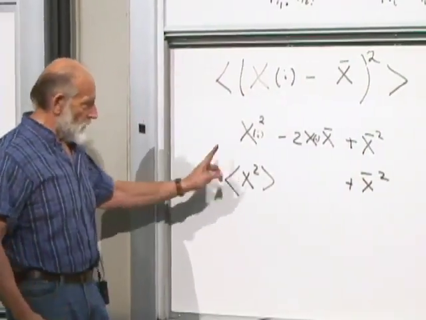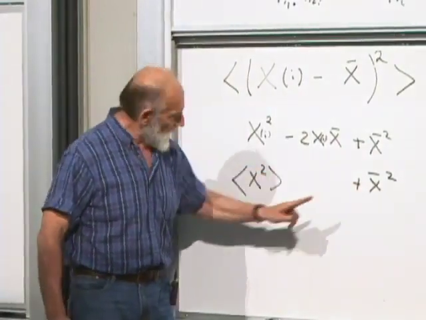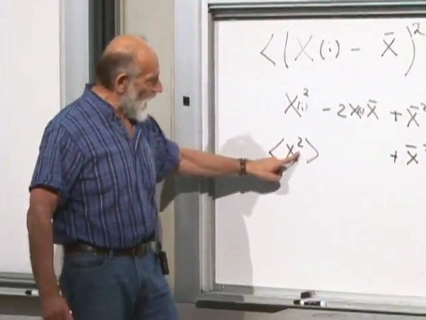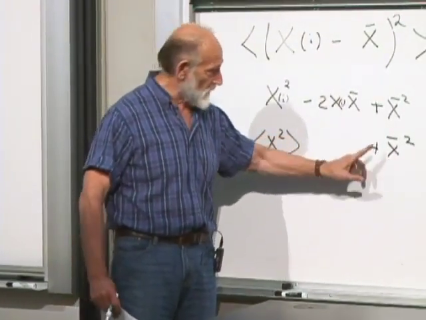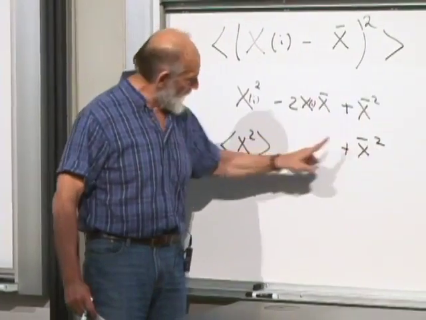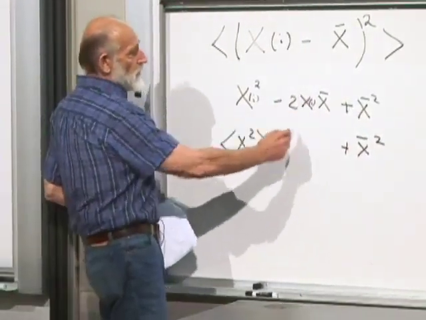Now, I'll deal with this one in a moment, but notice this is not the same as this. This is the average of the square, this is the square of the average. Okay, two different things. And then what about this one? What's the average of this?